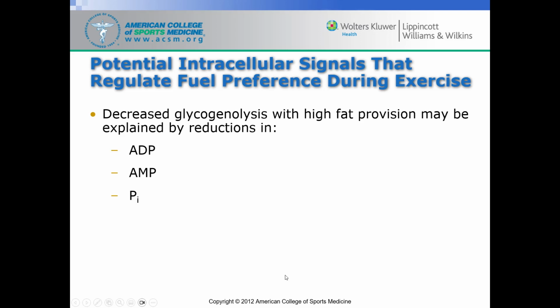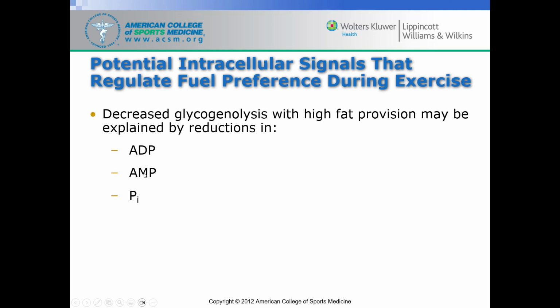So decreased glycogenolysis, which is the breakdown of glycogen so that it can be used in its oxidized form of G6P. So decreased glycogenolysis with high fat provision may be explained by reductions in ADP, AMP, and inorganic phosphate. If you recall from previous chapters, having a lot of ADP or AMP or phosphate stimulates PFK and stimulates glycolysis.